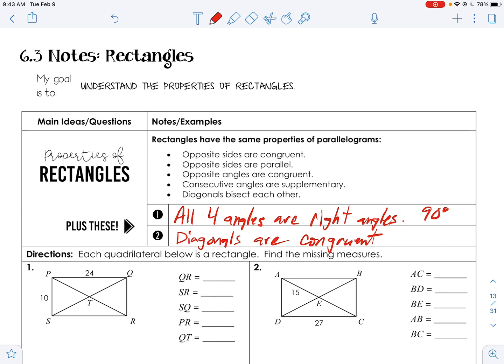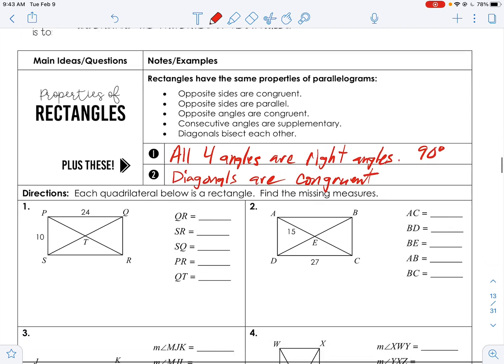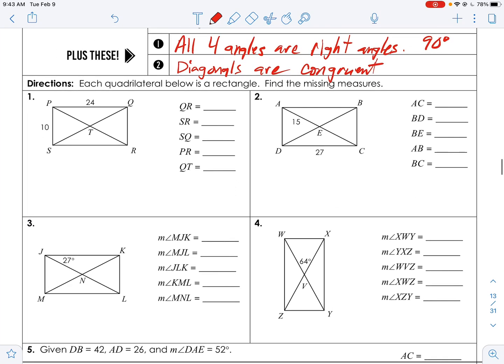Their measure equals each other. So we've got all of the rules that we did before plus two more. The corners are all 90 degrees, and the diagonals are congruent.